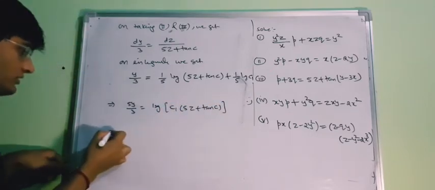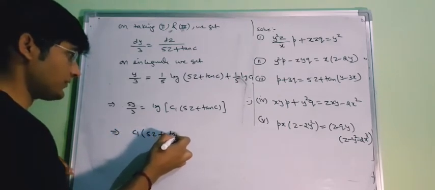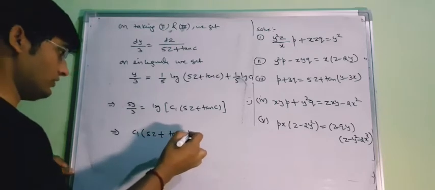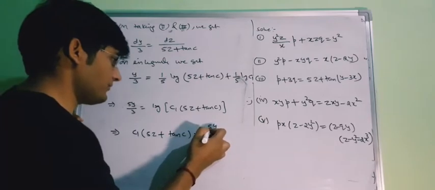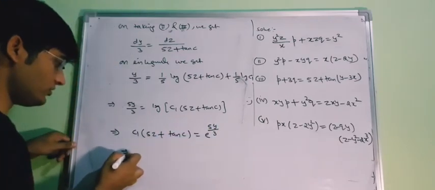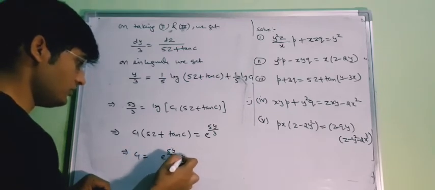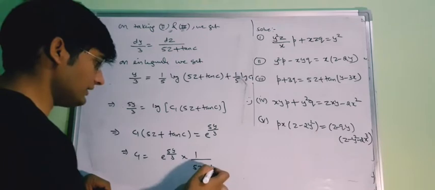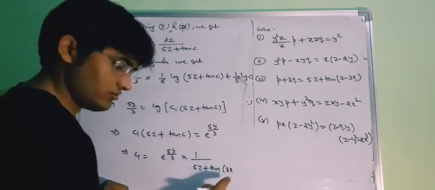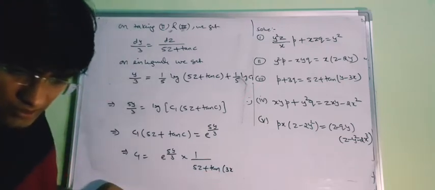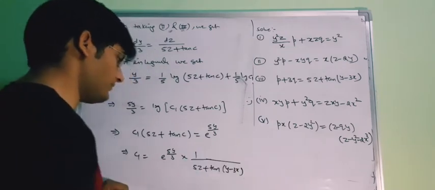Now if we remove this log, then we will get c1 into 5z plus 10c equal to e to power 5y by 3. Now your constant c1 will be e to power 5y by 3 into 1 upon 5z plus 10c. c was your 3x minus y, I think, or yes, this was your y minus 3x. So this is your second solution.